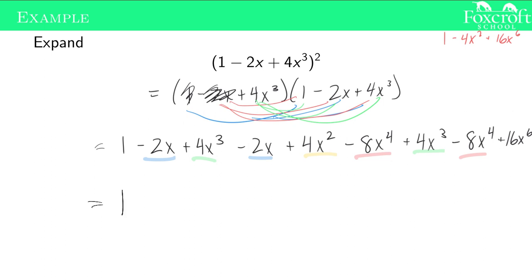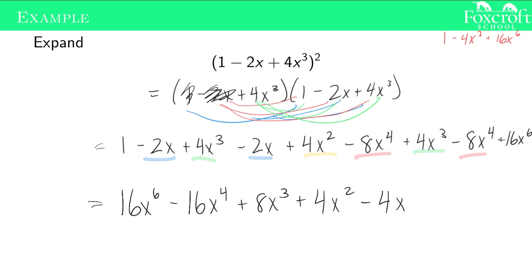So I'll put this term first and move these things how I want. X to the 4th would come next. Now there's negative 16 of those. X cubes would be next. Then x squared, we only have 1 x squared term. Then the single x terms. And then the constant term, 1.